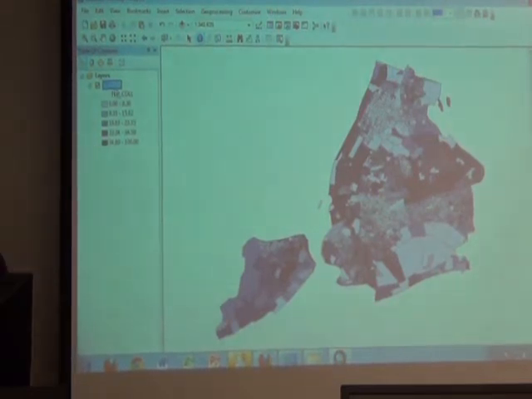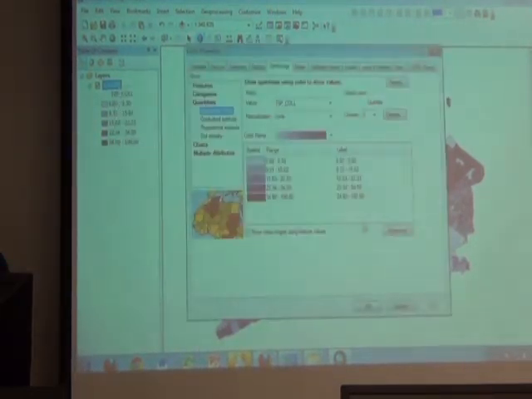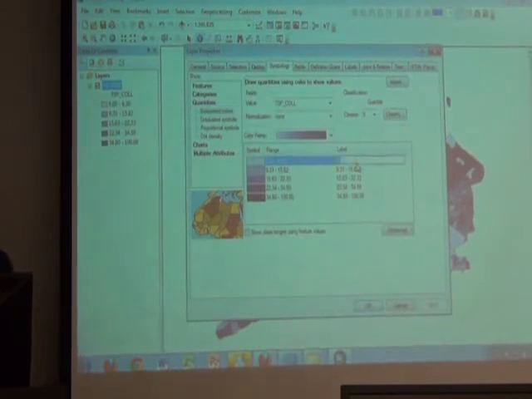However, if I change the legend, I can make them make more sense. If I say 0 to 20th percentile, right?